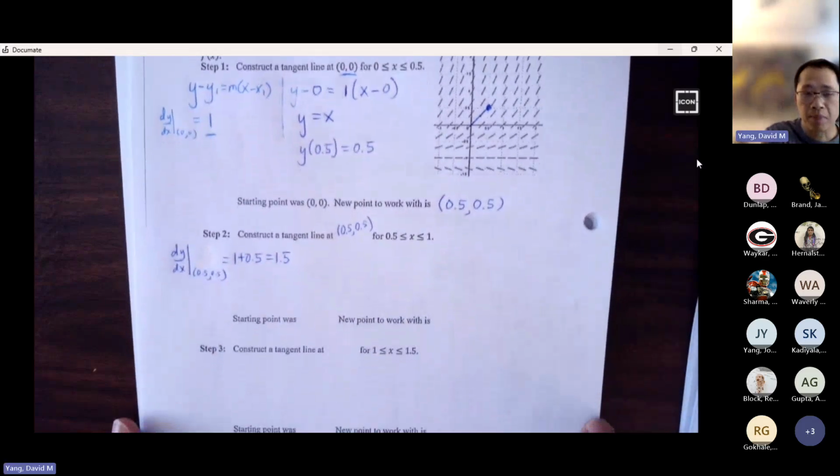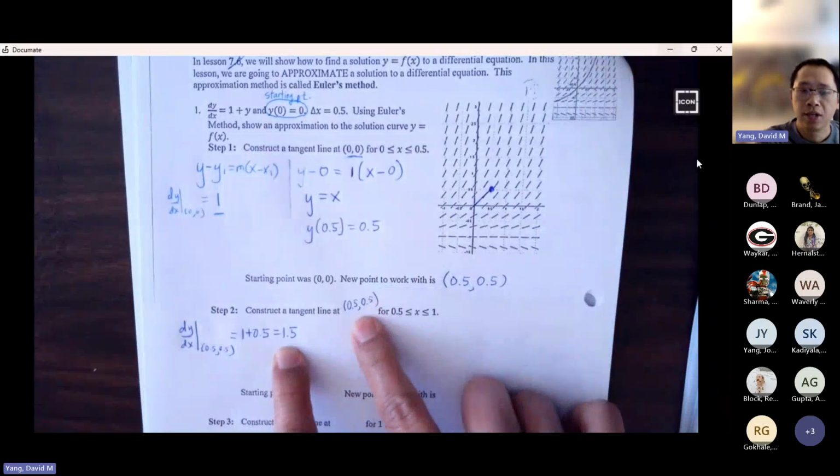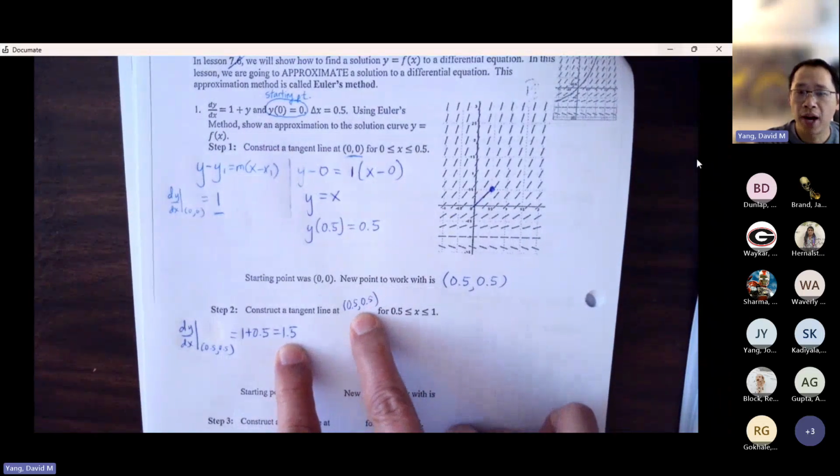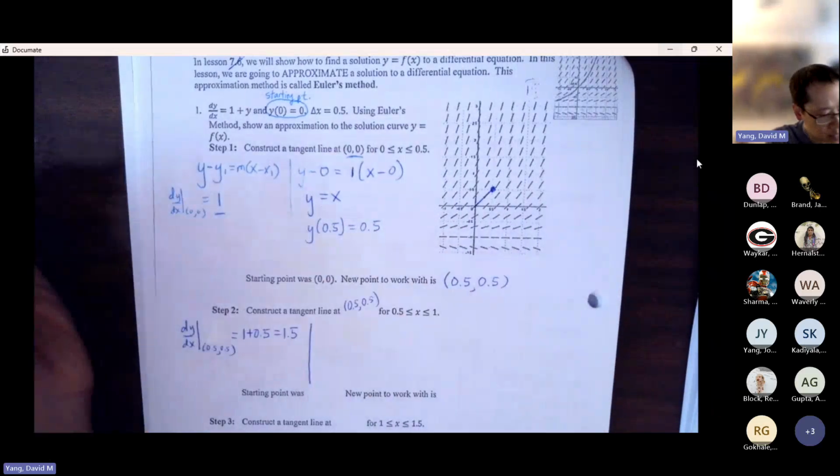Okay, sorry about that. So we have our slope using our same differential equation. Our slope is 1.5, and our ordered pair is (0.5, 0.5). Now let's build our tangent line equation.